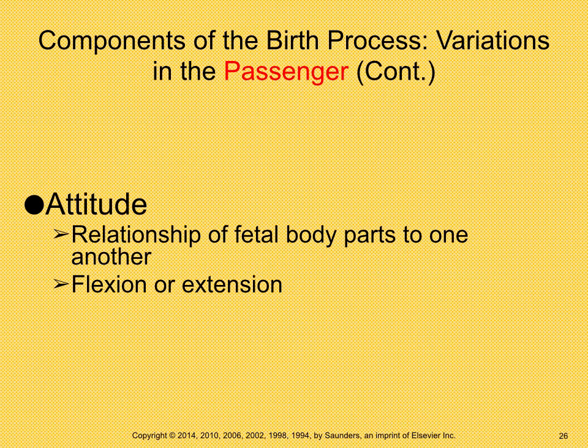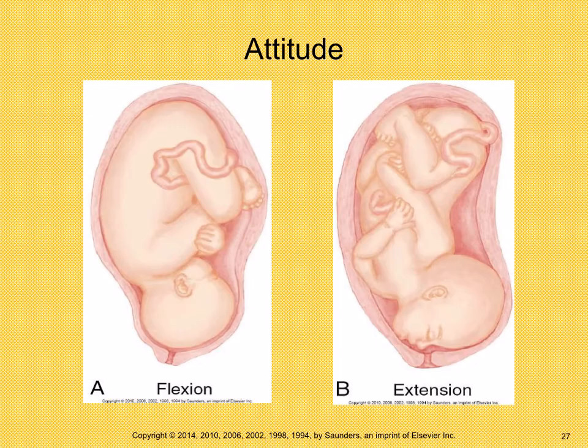Components of the birth process, variations in the passenger. Again, the attitude: the relationship of the fetal body parts to one another, flexion or extension. So let's for a moment talk about those occipital bones, the back of the baby's head bones, as our landmarks. When we're assessing fetal position and we're feeling those occipital bones first, as we would likely in photo A, they're going to face the floor when they turn around, and we'd feel their flexion, their chin coming down to their chest.